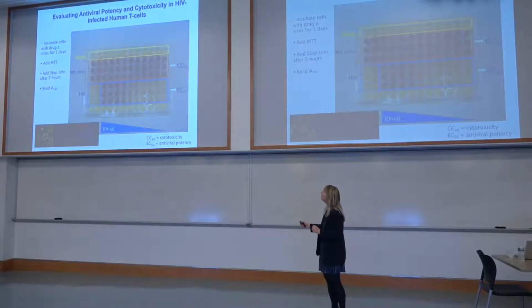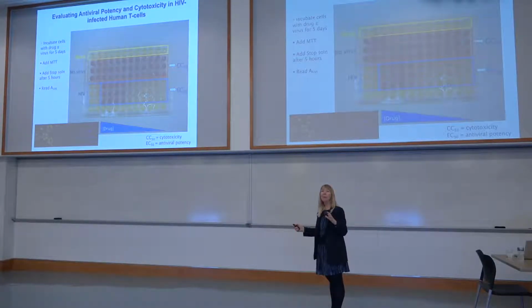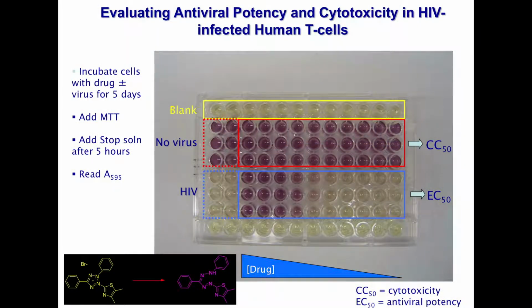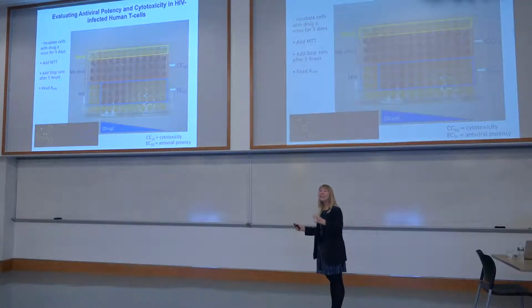This is an example where we set up the tray both in the absence of virus as well as in the presence of virus, and then we add the drug in increasing concentrations, and if our cells are still healthy, we see a nice purple color as illustrated by interaction with this MTT dye. It turns purple. If we kill the cells, in the places where you see yellow, that is from the HIV infecting the cells and killing the cells. And so we get two important pieces of information here.